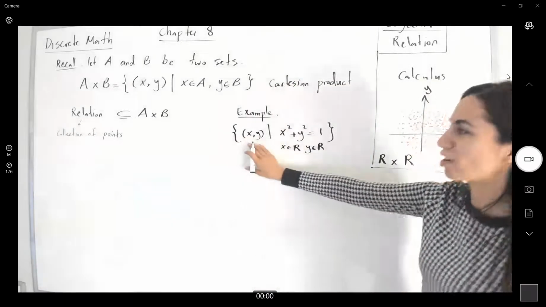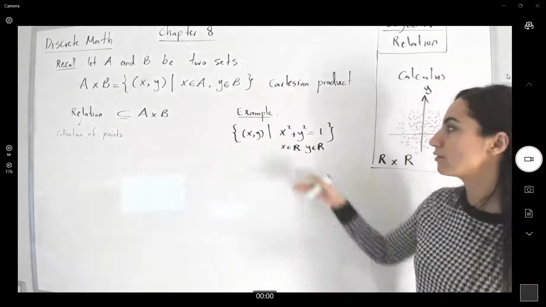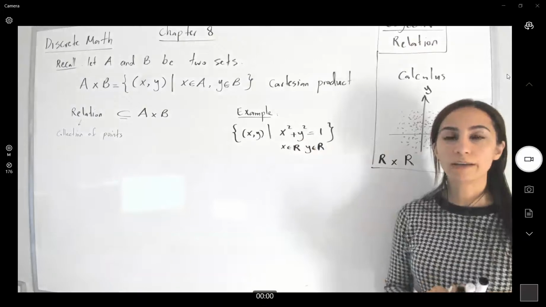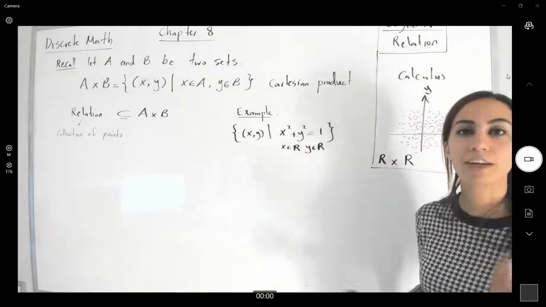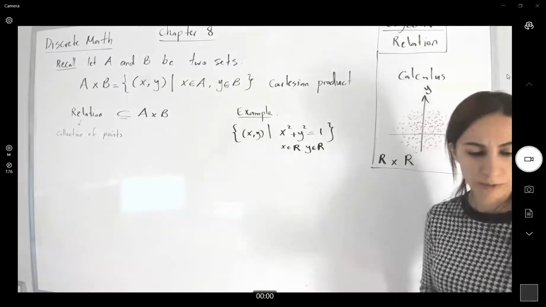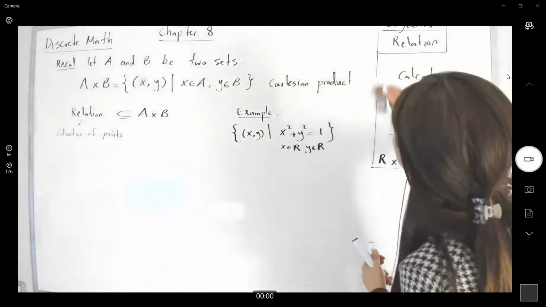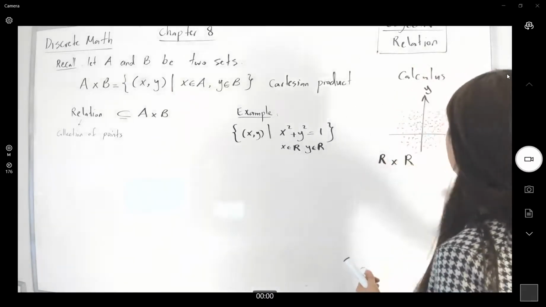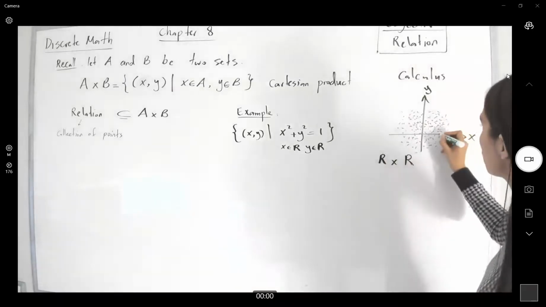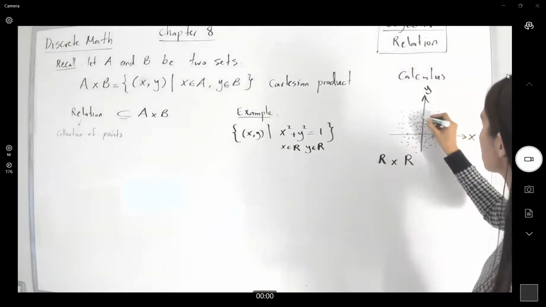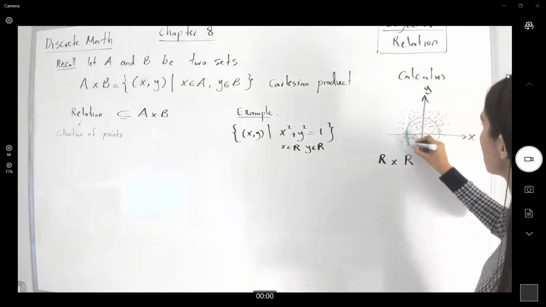So the collection of all ordered pairs (x, y) such that if I square x and I square y, their sum is equal to 1. I ask you to identify this relation or graph it. You might say this is not very hard to visualize. Why is that? Because I already know that x and y are both in R. So I just need to find all points on this unit circle.